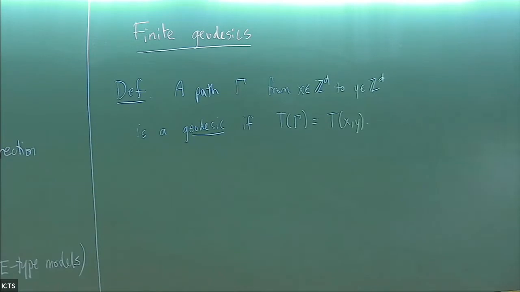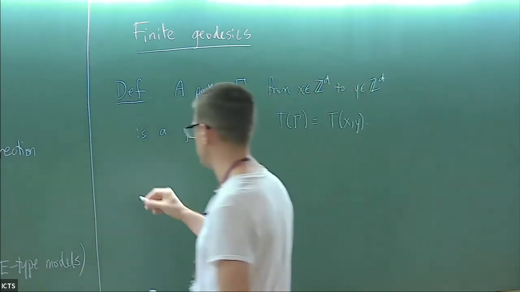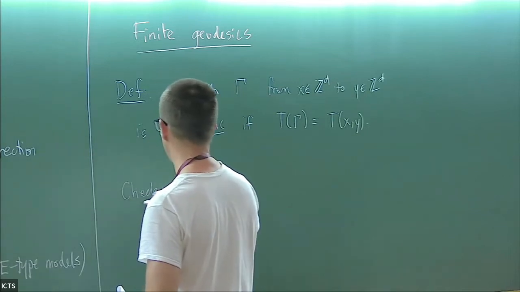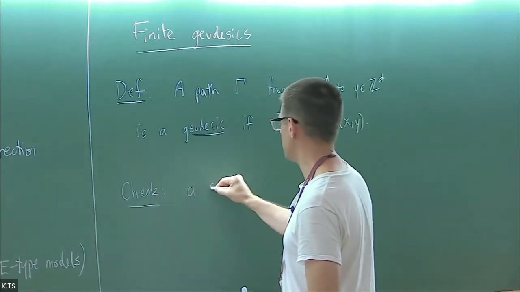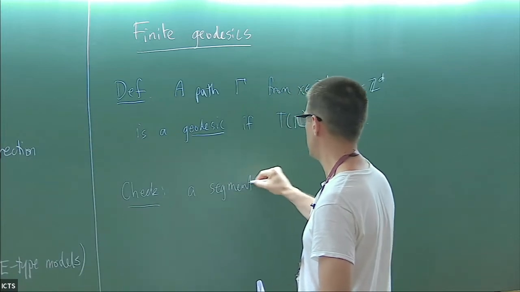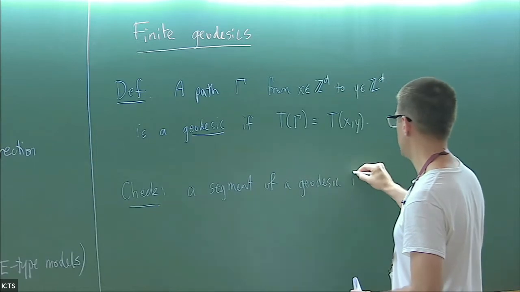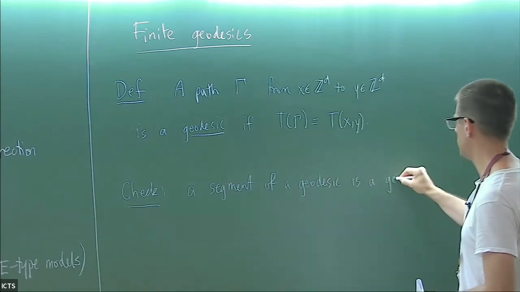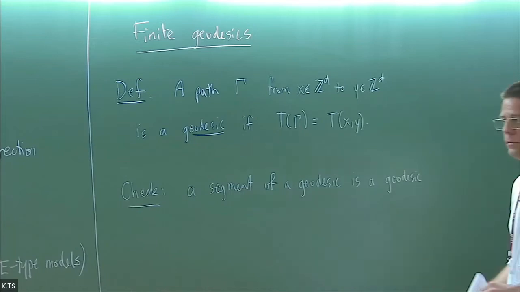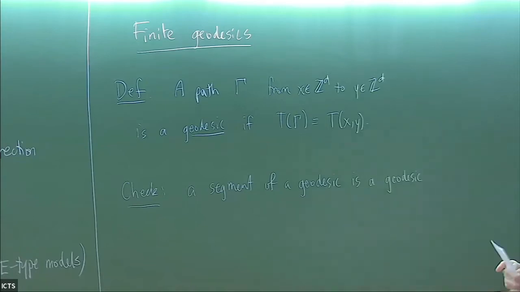So it attains the infimum. Okay, so directly from the definition, you can check that a segment of a geodesic is a geodesic. Of course, it's between two different points, but it's a geodesic between its endpoints. Okay, so this is an important point for the definition of infinite geodesic later.